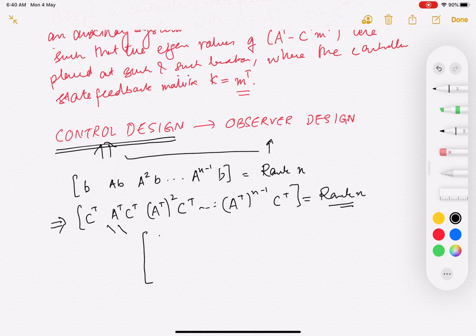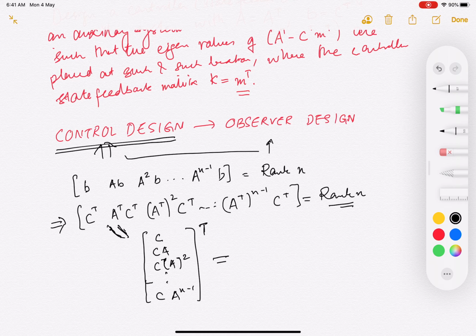equal to C, CA, CA whole square, and goes up to CA to the power n minus 1, transpose of this. So this matrix is equivalent to this.